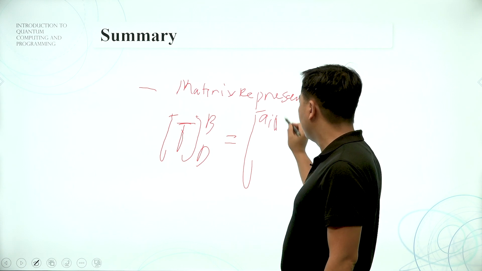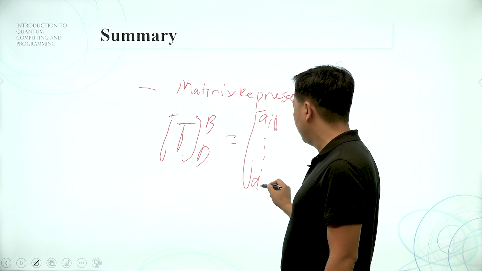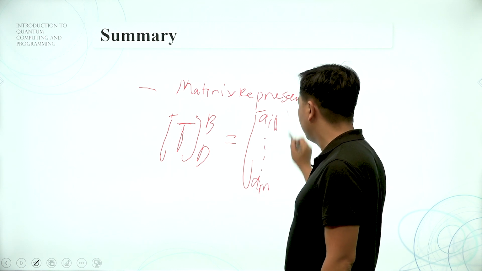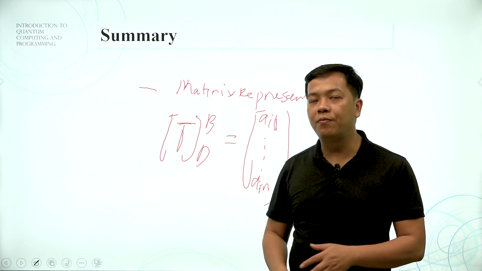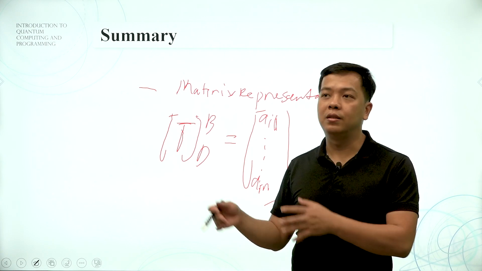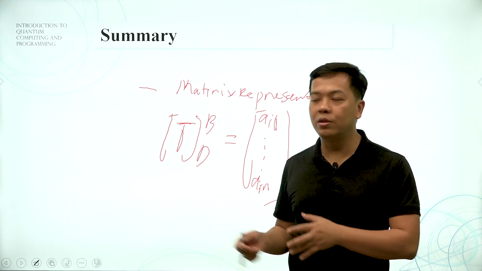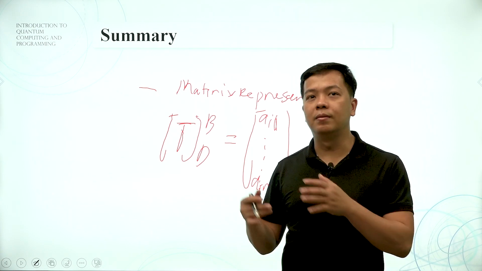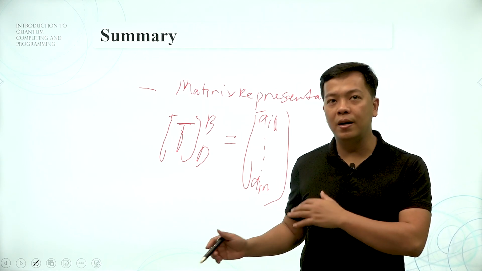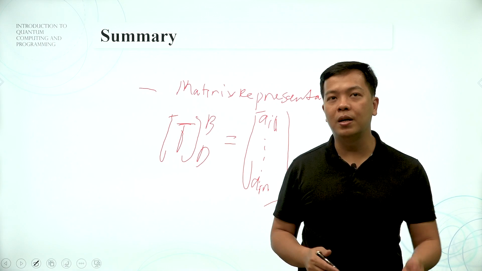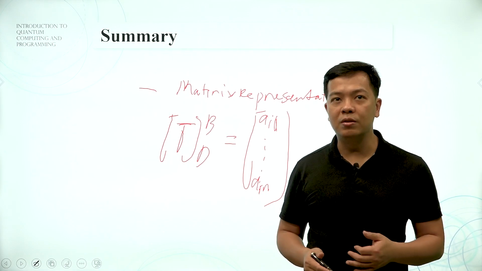So this is how we calculate the matrix representation for the linear operator, and the function computing and the matrix computing. Okay, see you in the next lesson. We will look more at how we can check the new concept.